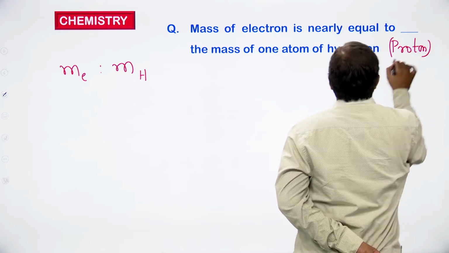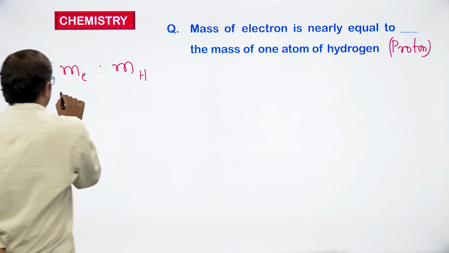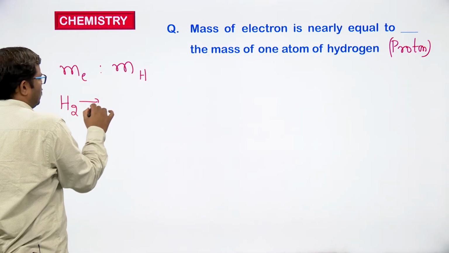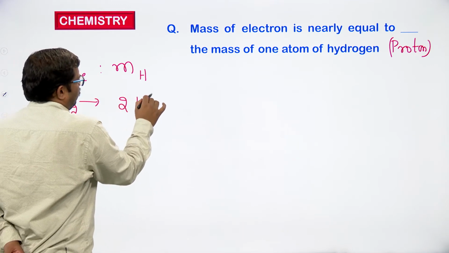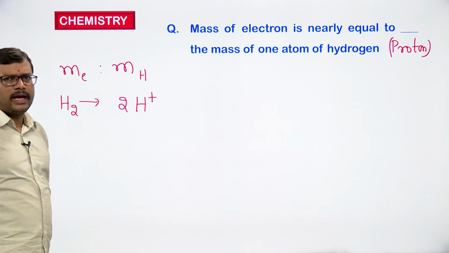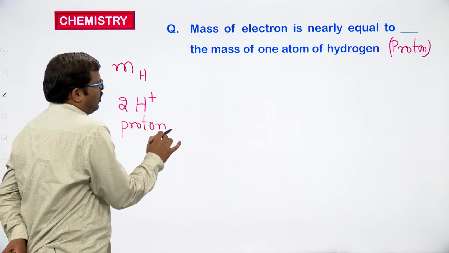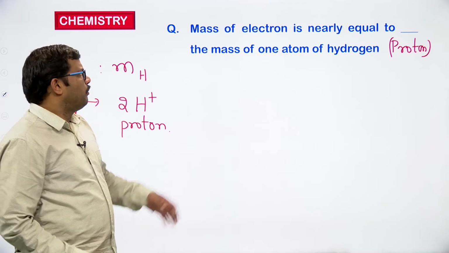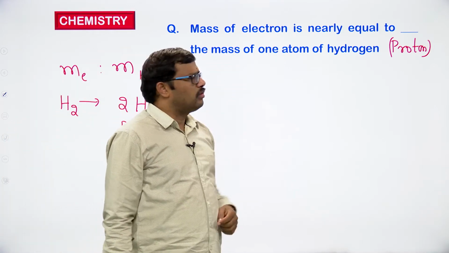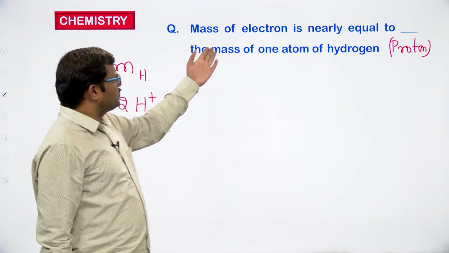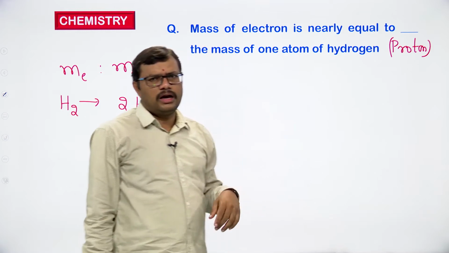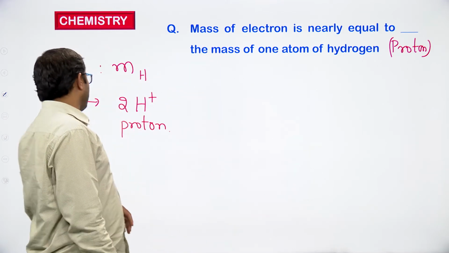We know that hydrogen on ionization produces the positively charged hydrogen species, which are termed protons. So now we have to compare the mass of the electron and the mass of the proton. The mass of the electron is nearly equal to how many times the mass of one atom of hydrogen, or the mass of the proton, we have to calculate.